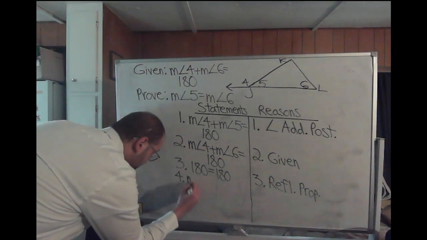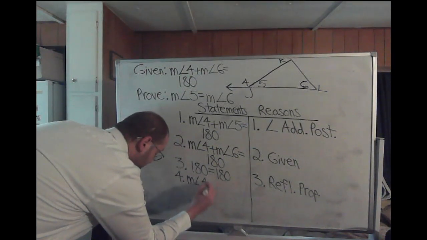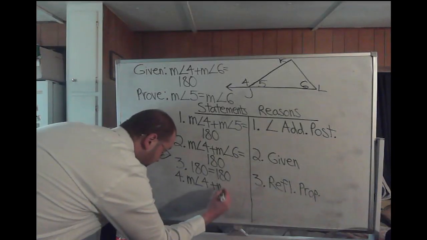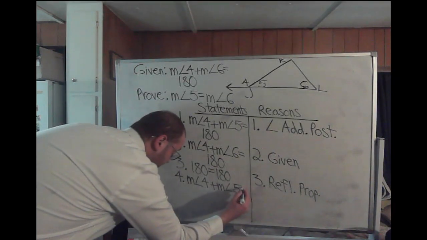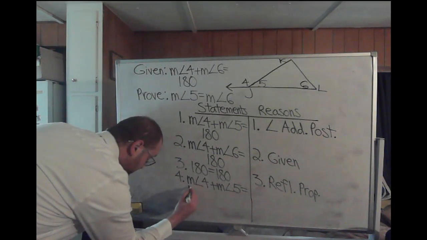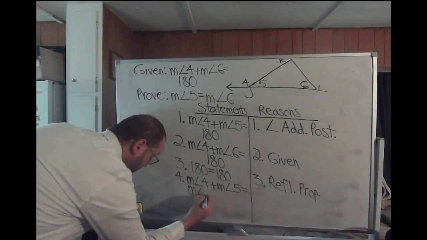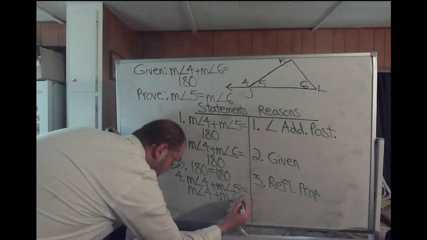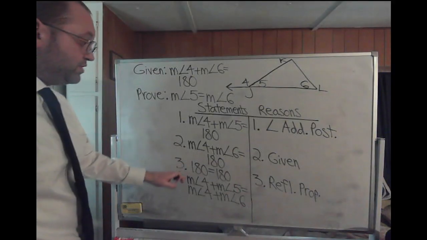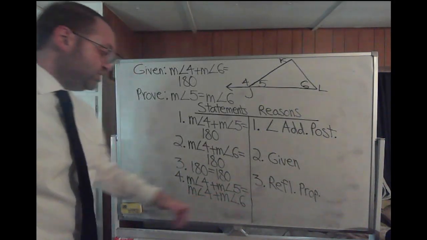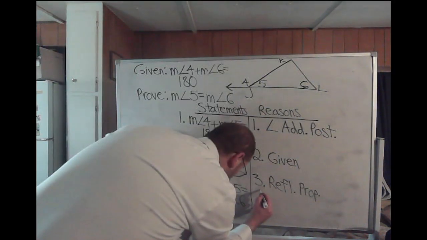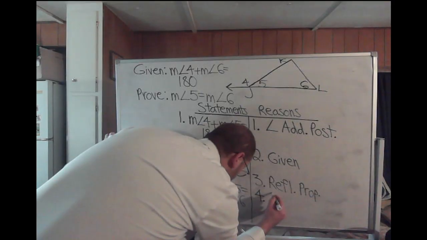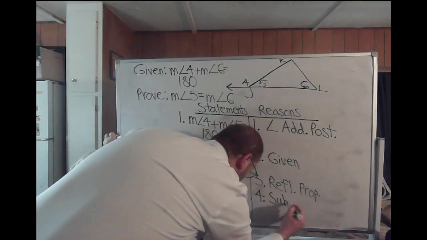Couldn't we put in the measure of angle 4 plus the measure of angle 5 equals the measure of angle 4 plus the measure of angle 6? Since 180 equals 180, we can substitute these equations in for each one. So reason 4 will be by the substitution property.